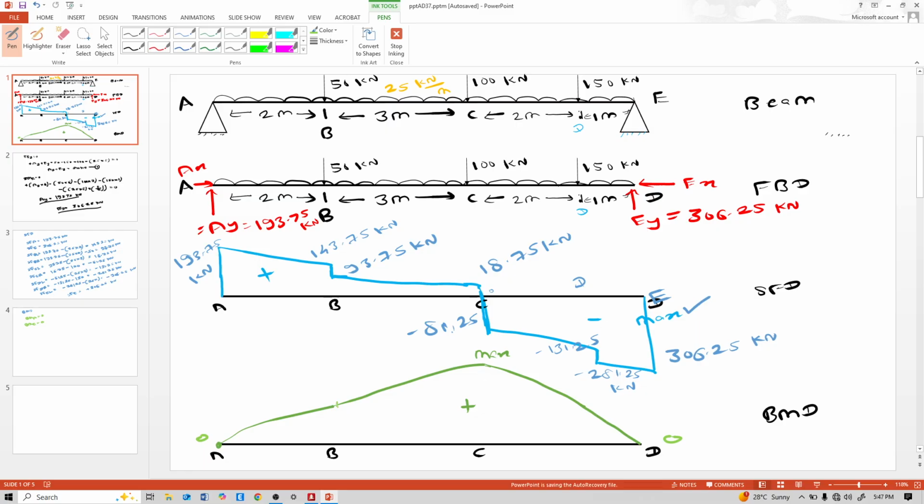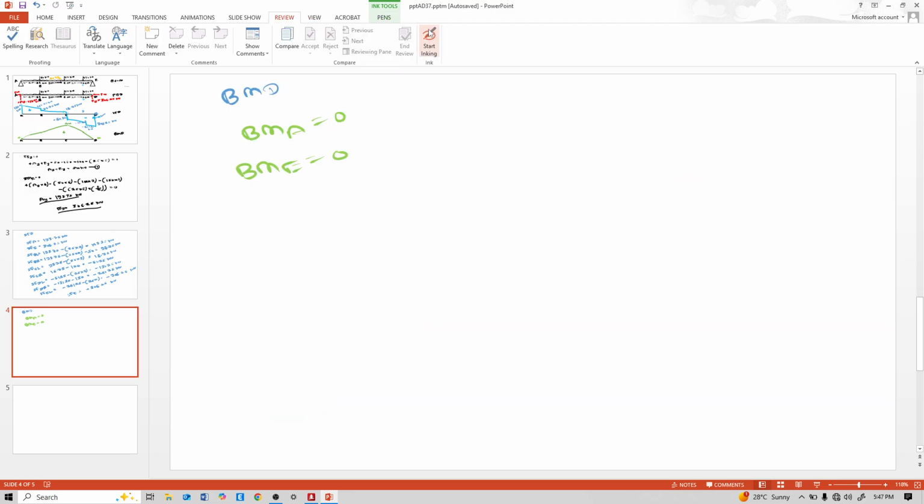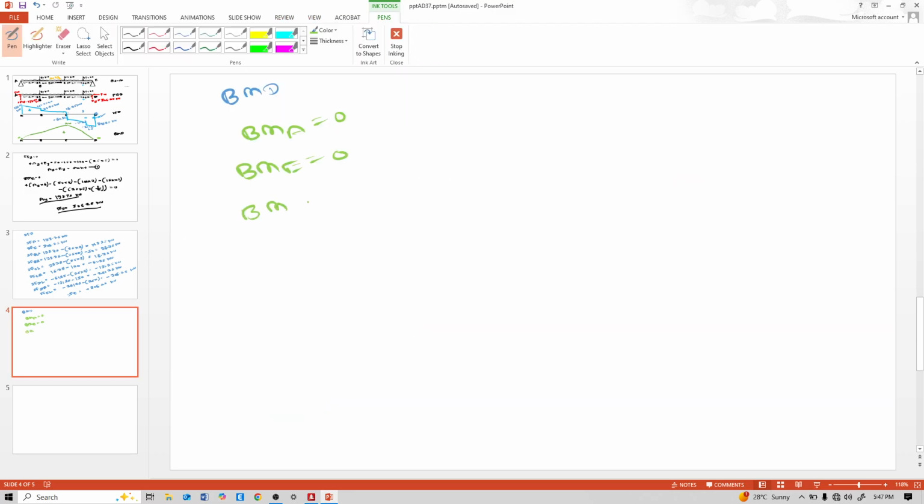Now calculate the bending moment at B. This AY is 193.75 into 2, positive clockwise, minus 25 into 2, concentrated load, into 2 by 2. It is 337.5 kilonewton meter.